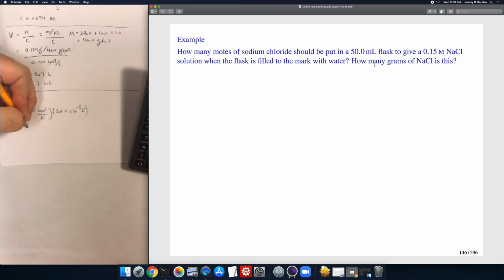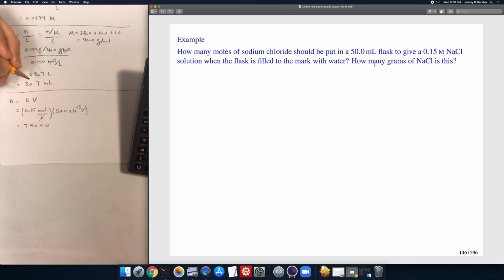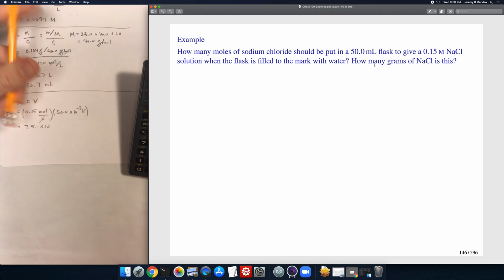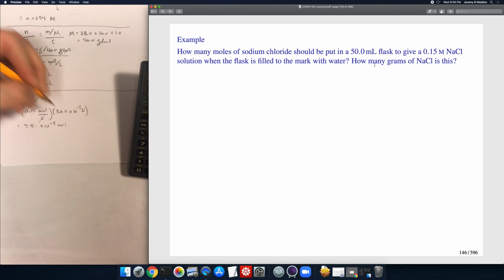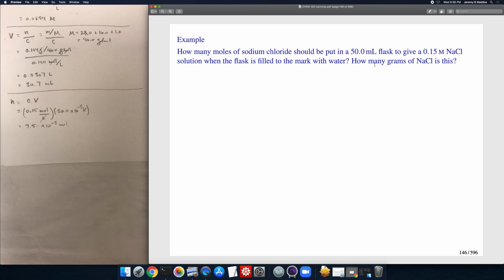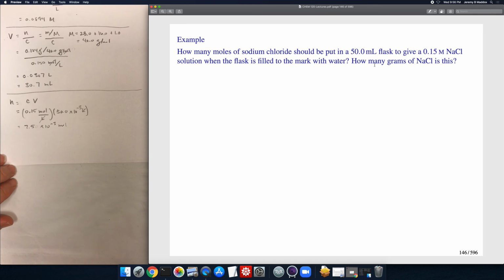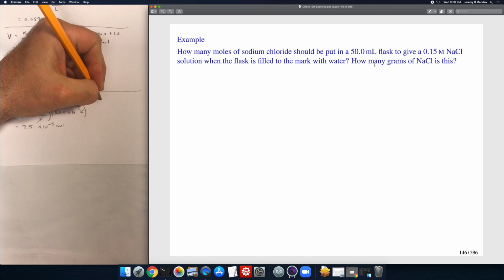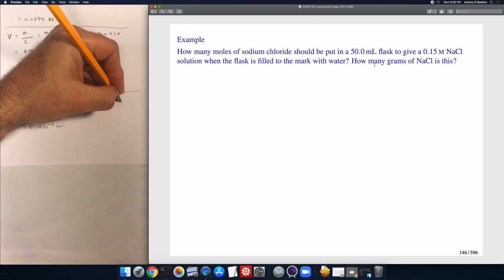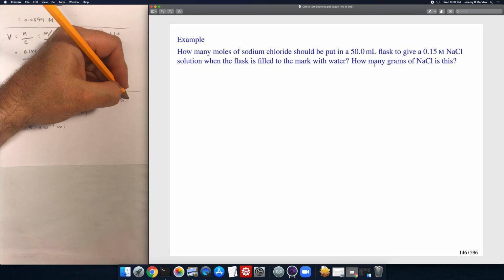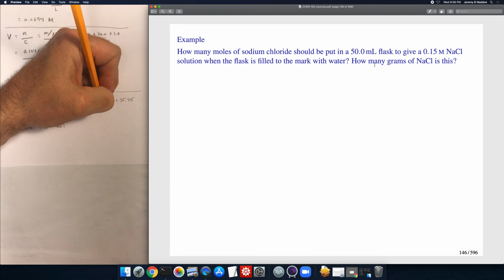So I'm getting 7.5 times 10 to the minus 3 moles. And we're asked to calculate how many grams would that be. Well, we need the molar mass of sodium chloride, 23.0 plus 35.45 for chlorine.